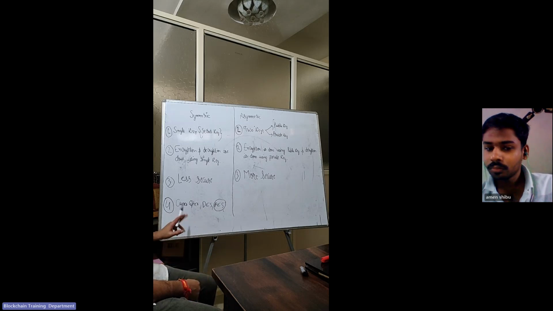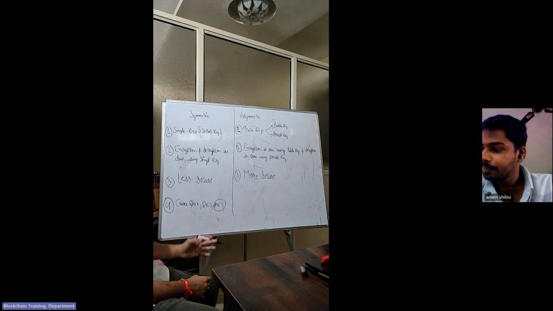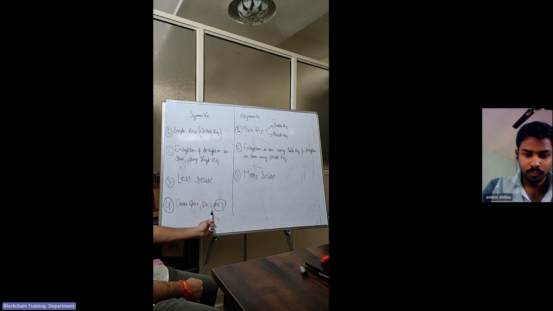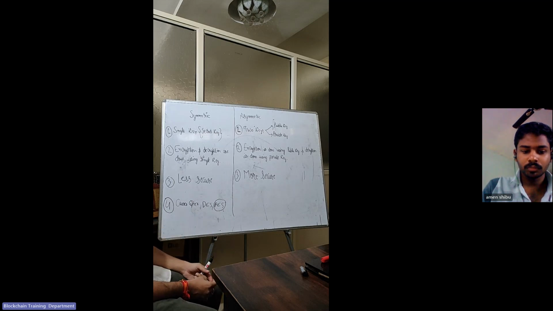So these are symmetric cryptography. DES and AES are known as modern. I'll not say modern, they are also from the 90s. They were invented in the 90s, but they are widely used, and during this time it is used because it takes less computation.